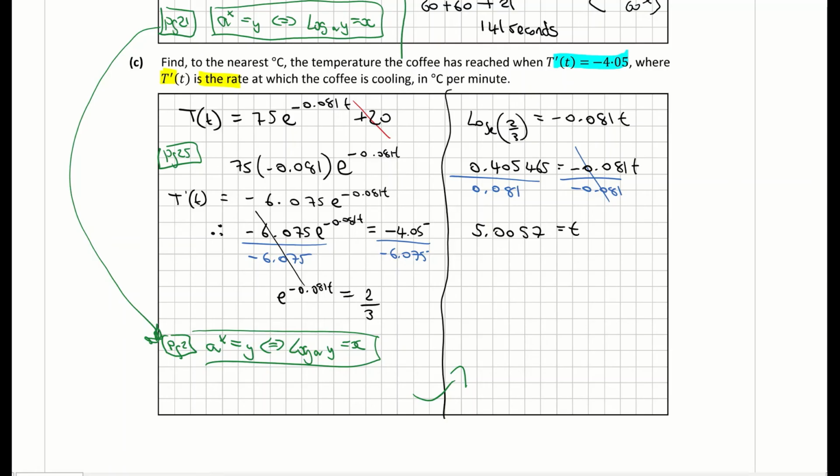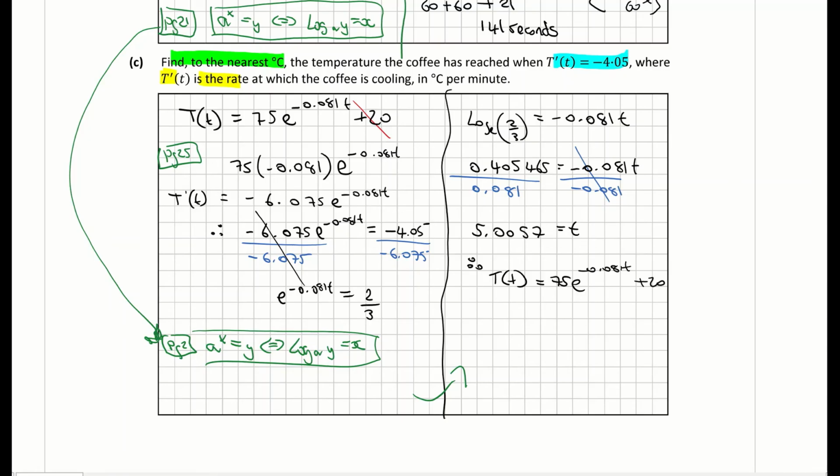So that's not the end of the question, because the question said find to the nearest degree the temperature the coffee has reached at 5.0057 seconds. So we now need to come back to my original formula, which is 75e to the power of minus 0.081t plus 20.